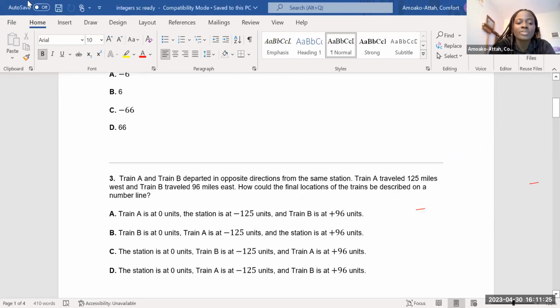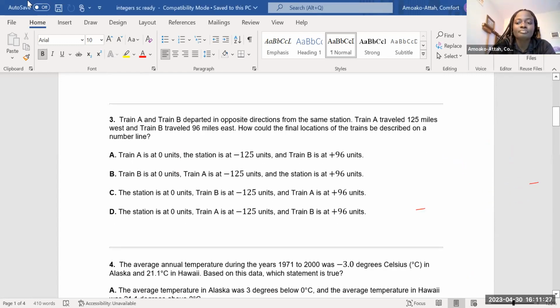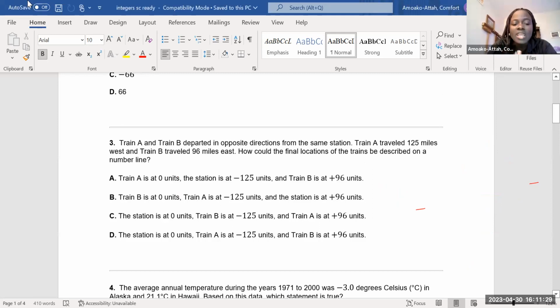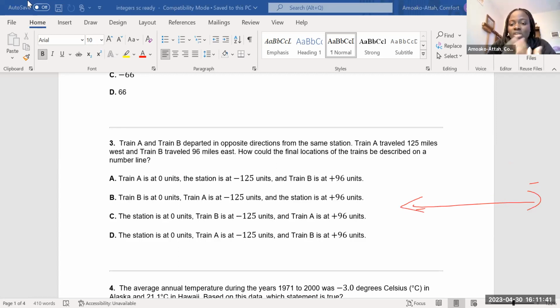So let's go to the third one. Train A and train B departed in opposite directions. So in opposite directions will be one is here, one is here. Okay. Train A traveled 125 miles west. And don't forget that if it is west, it is what? Negative.